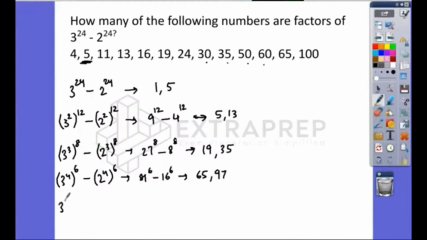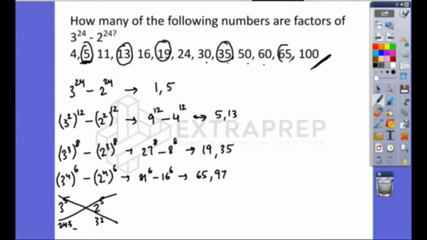Now you can't take any further because 3 power 5 is 243 and 2 power 5 is 32. So even if you subtract or add, you have only numbers till 100. So this is not useful, or you need not write that. So if you observe now, 5 is divisible, 13 is divisible, 19 is divisible, 35 is divisible, 65 is divisible.